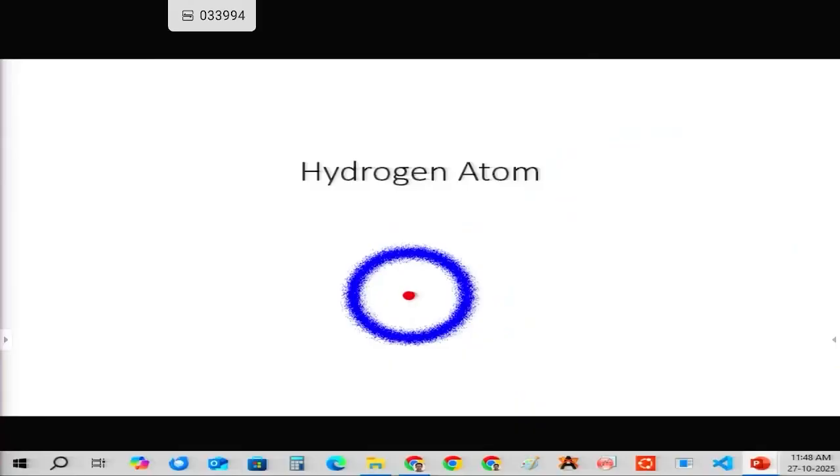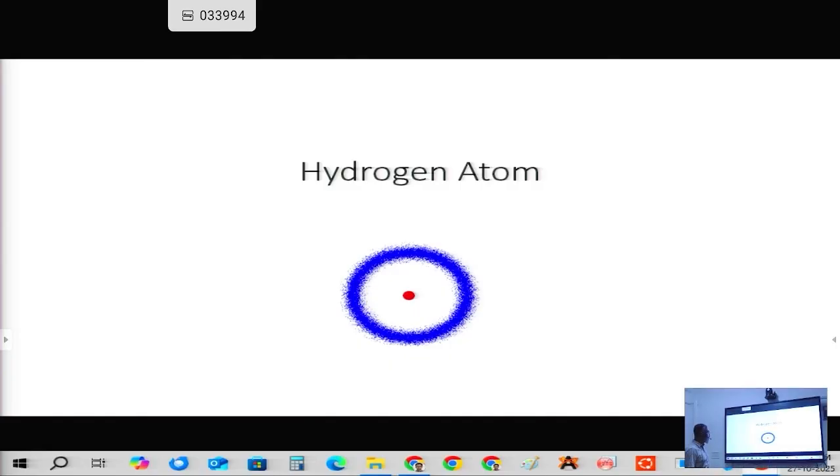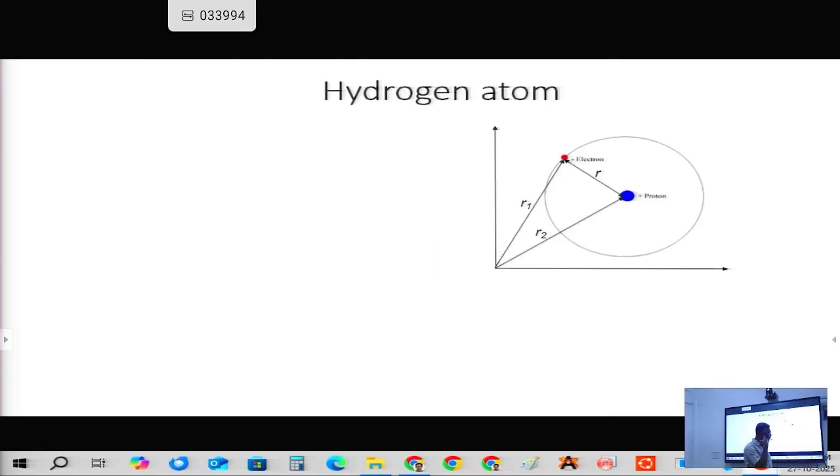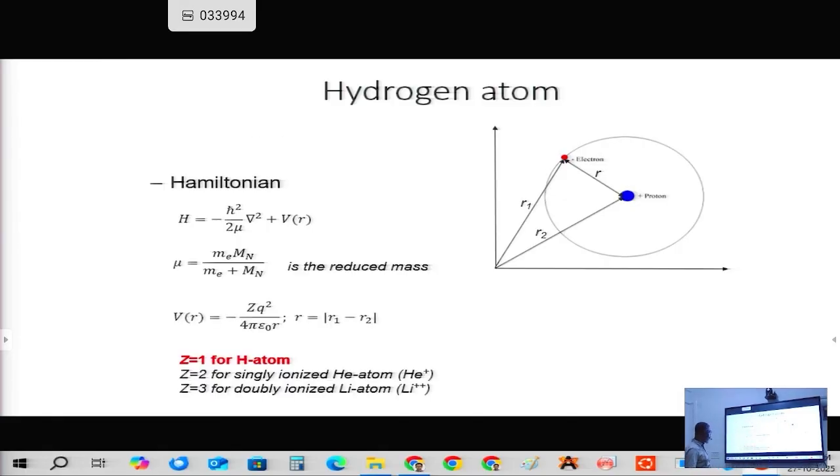All right, so hydrogen atom. Okay, let's start with the Hamiltonian of the system. As you already know, we need to find the Hamiltonian of the system, which is the kinetic energy and potential energy, and the reduced mass, again the same definition we have talked about, and the potential is the potential between the electron and the nucleus, and the kinetic energy of the electron.